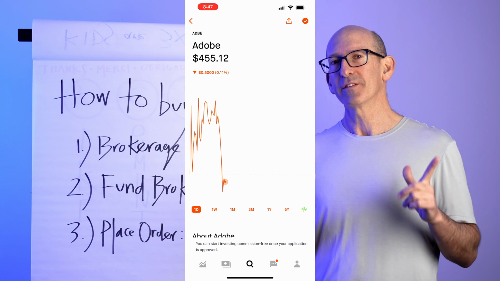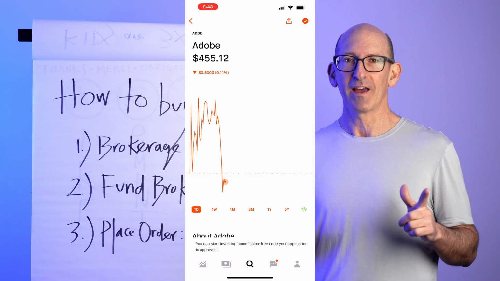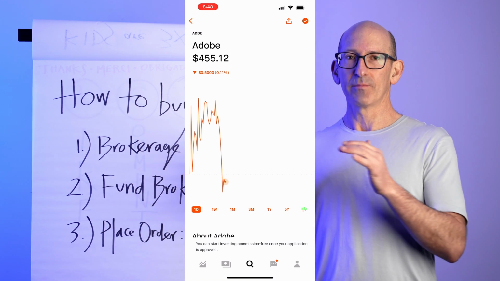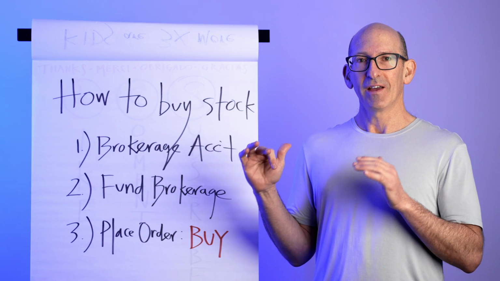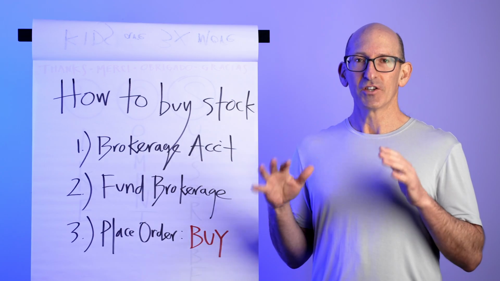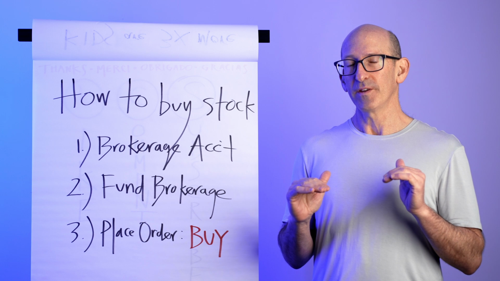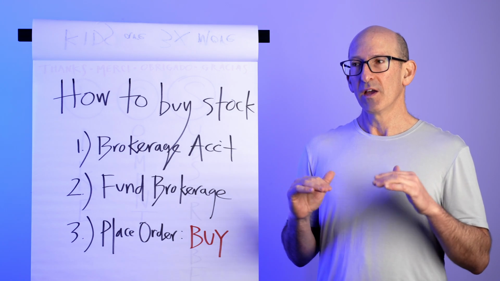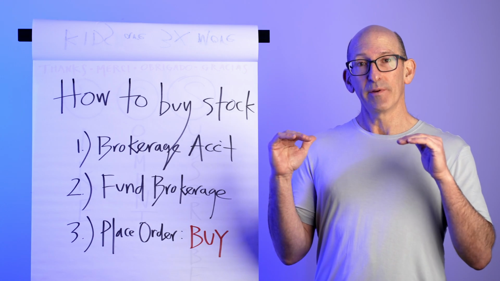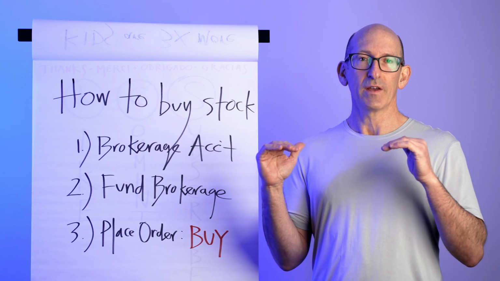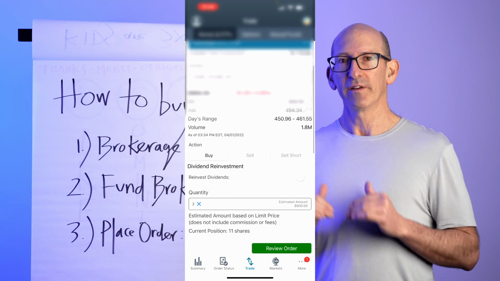And because I wanted to buy those shares before the end of the day, I went back into my brokerage account and I changed it. I changed my order from 450. I said, you know what? I'm gonna move my limit order to $454.20.